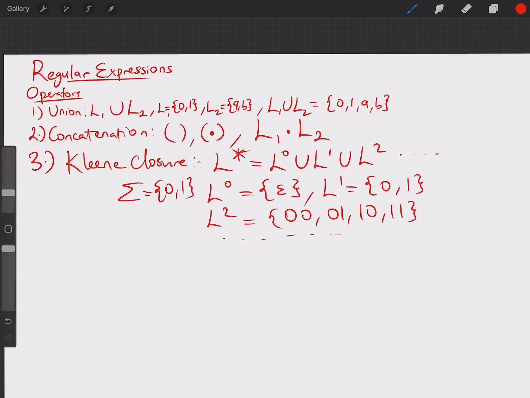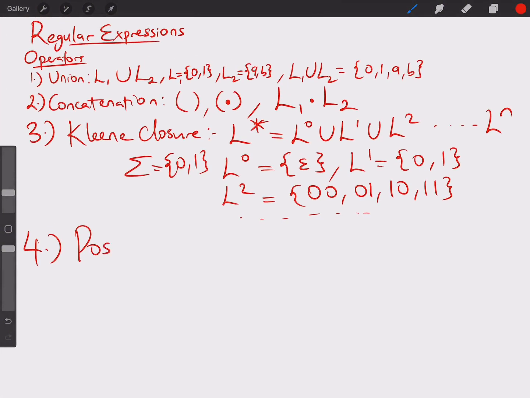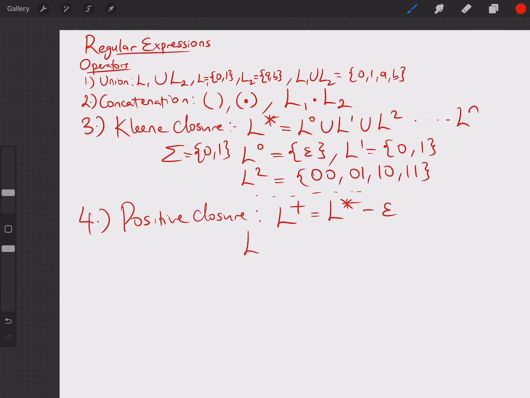Now we have the positive closure. This can be represented with L plus. For positive closure, it's just the Kleene closure minus the empty string. So what this will recognize is the union of L to the power of 1, L to the power of 2, L to the power of 3, and so on, ignoring the empty string.